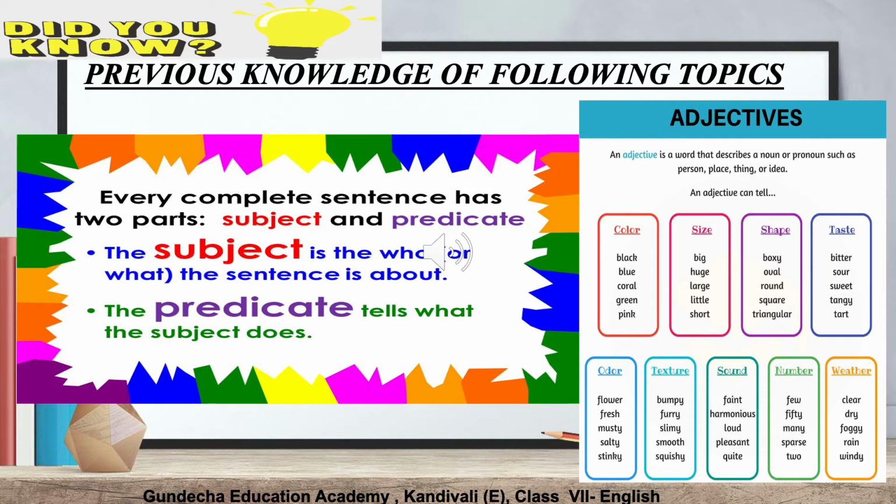An adjective can tell us about color, size, shape, taste, texture, weather, etc. Okay. So now let us move on to the next slide.